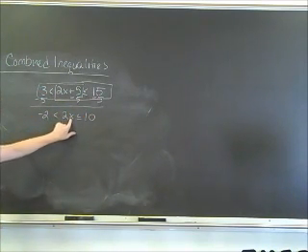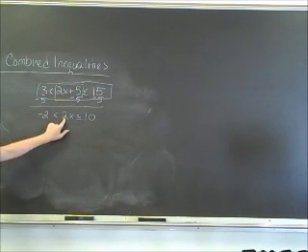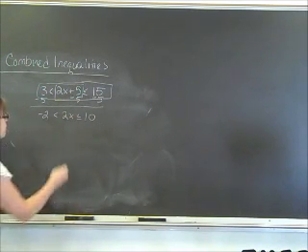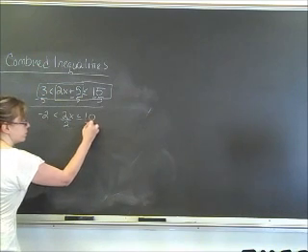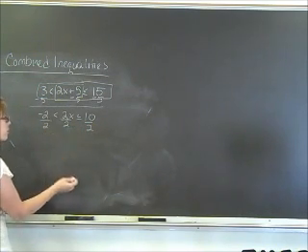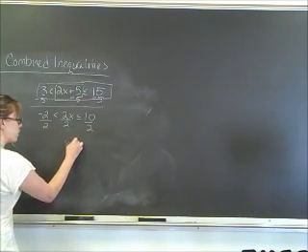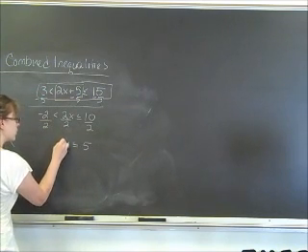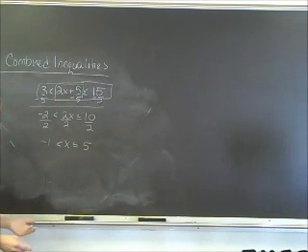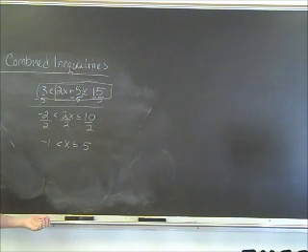And then, to get the x alone, we need to divide by 2. And again, we're going to do this to all three. And this gives us our range of acceptable answers.